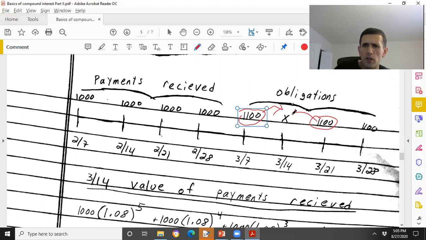So how much is 1100 worth 1 month ago? Well, we take the present value of 1100 back on 3/14, or we discount it by 1 month. And we do the same thing here. We discount the 3/28 payment to the bookkeeper by 2 months.